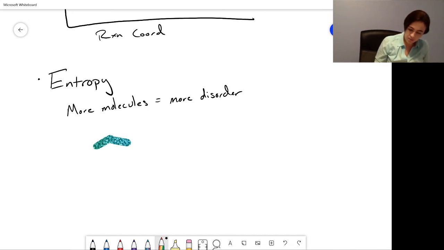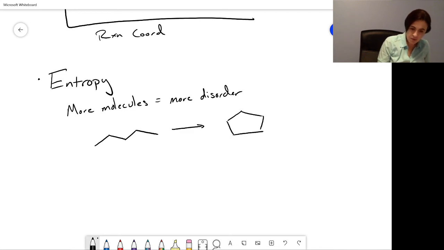So, oh, well, that is a very disordered molecule, but let's do it in black. An example, we could look at the cyclization process, which would be negative 13 joules per Kelvin mole.